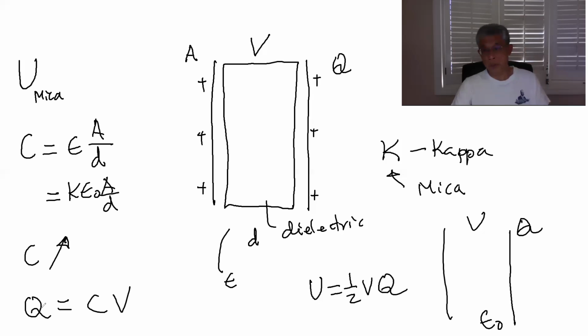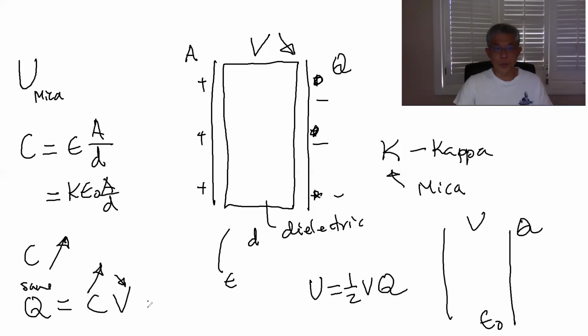Q doesn't change: you put that in there, and Q has no place to go because it's not connected to the battery. So Q stays the same, but C increases, so V must decrease. That means the voltage difference between these two plates has decreased.